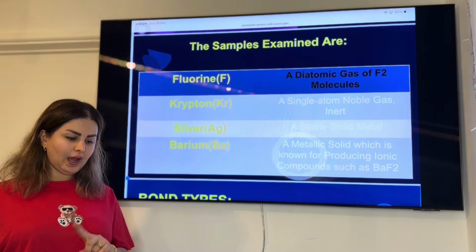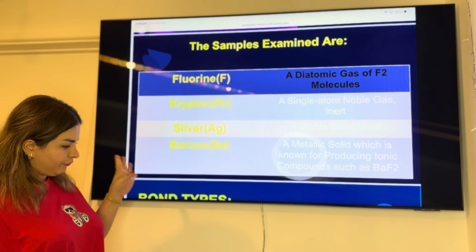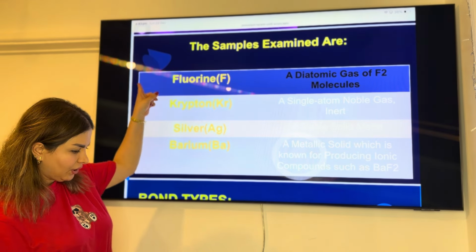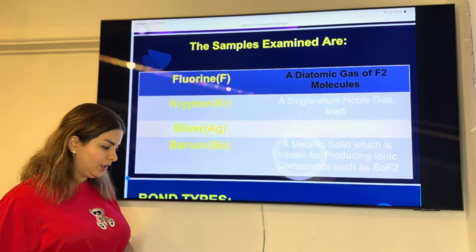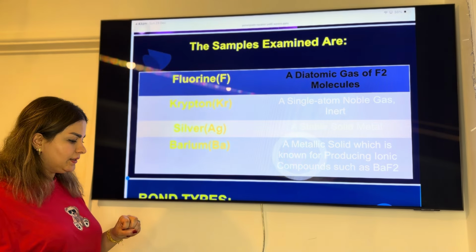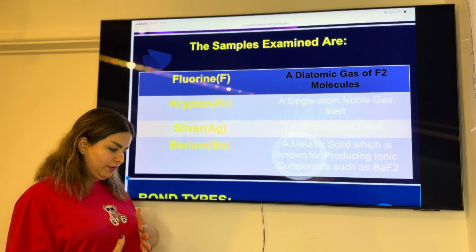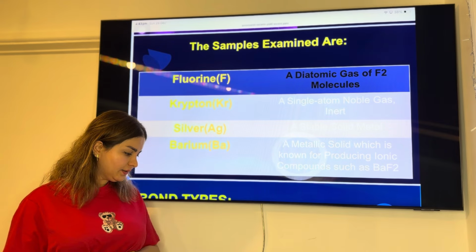So these are our samples, which are four. Fluorine is a nonmetal and exists as a diatomic molecule. Krypton is a noble gas, made up of individual atoms, and as you know, noble gases are inert.